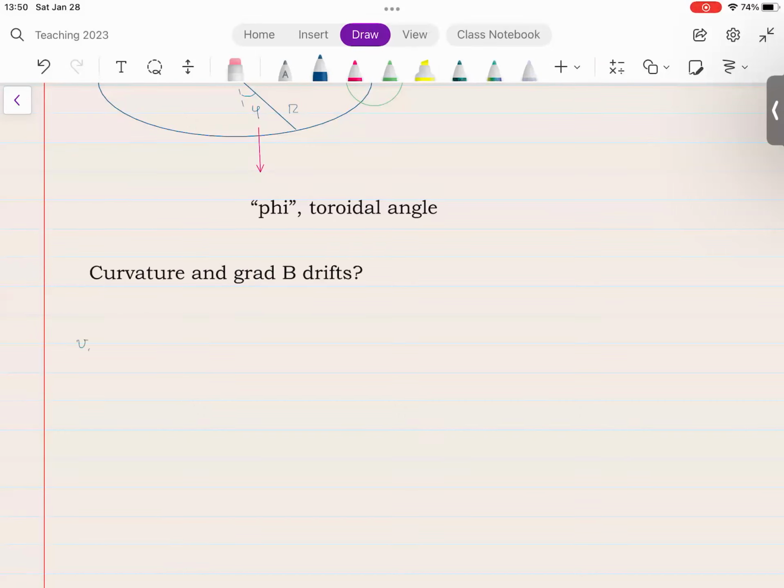Well, we just wrote this. The drift velocity is going to be 1 over q times (m v parallel squared plus 1/2 m v perp squared) times R, big R, that's the radius of curvature, cross B divided by R squared B squared.